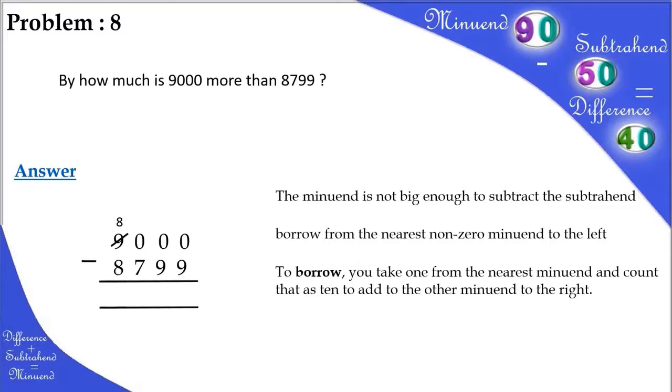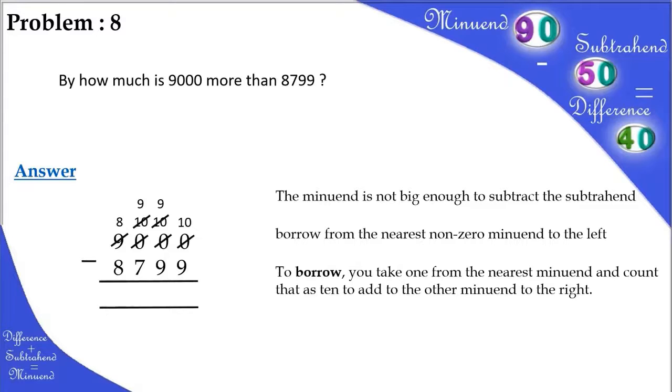Here 0 will become 10. We are taking 1 from 10 and borrowing here, so 10 will become 9. 0 will become 10. Again we are doing the same, so 10 will become 9. And here 0 will become 10.